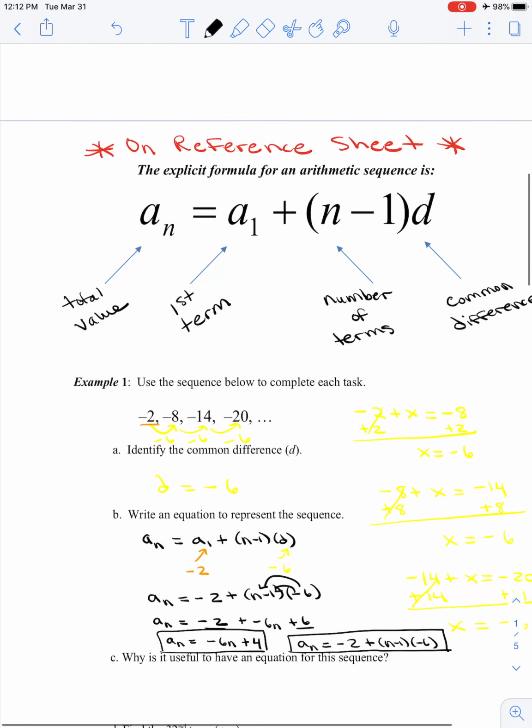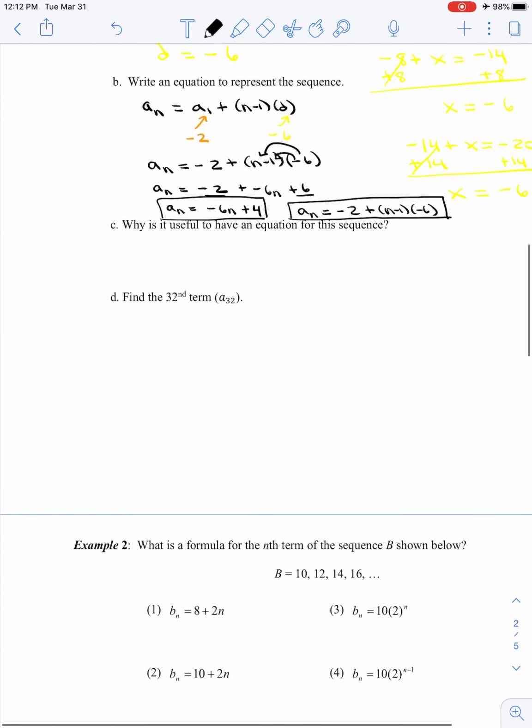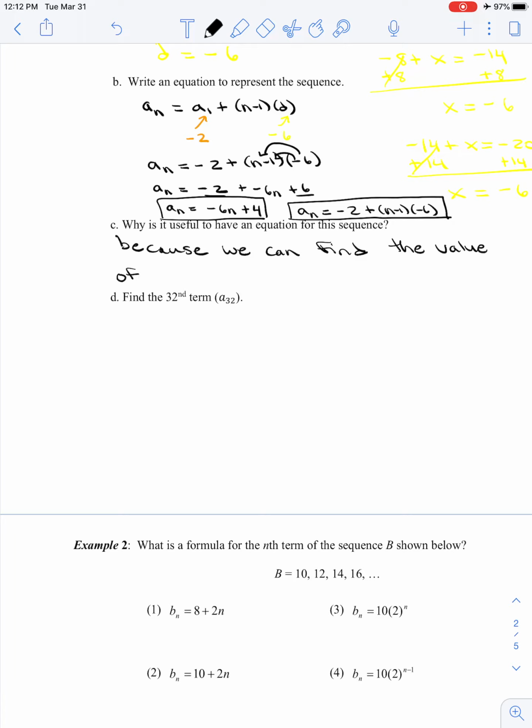So we want to be a little bit more efficient. So it's useful to have an equation for the sequence because we can find the value of any term in a sequence quickly.